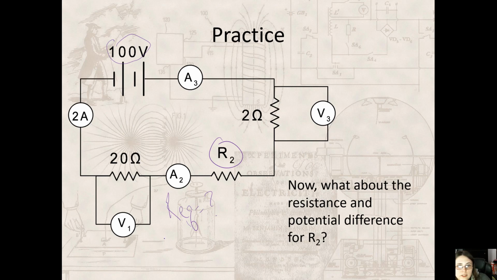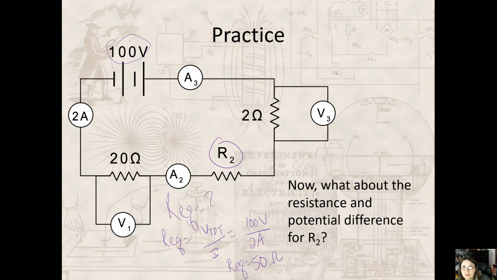So R equivalent is equal to the V total over the current, and the V total is 100 volts over current, which is 2 amps. So the R equivalent is equal to 50 ohms, but we already have 20 and 2.